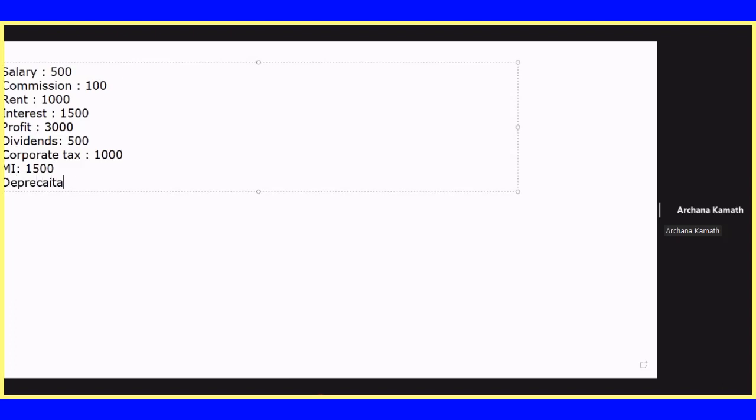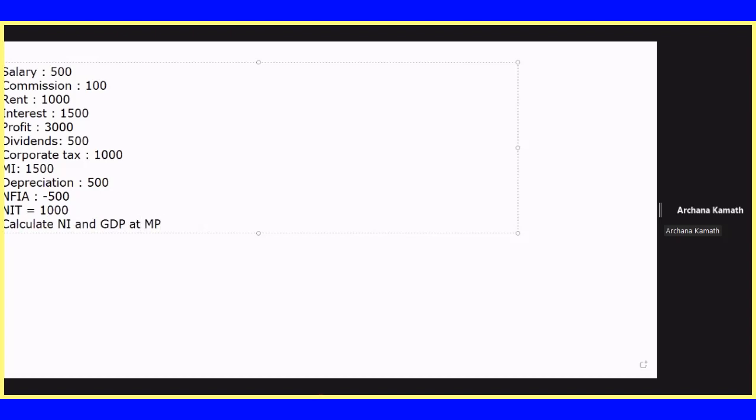Another name for depreciation has already been mentioned as capital consumption allowance. So instead of depreciation, if they give you capital consumption allowance, please take it as a proxy or synonym for depreciation. NFIA is equal to minus 500 and NIT is equal to 1000. Calculate national income and GDP at market price.